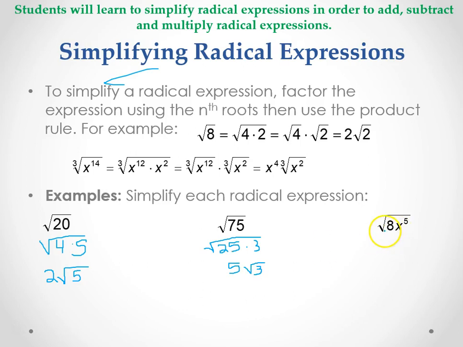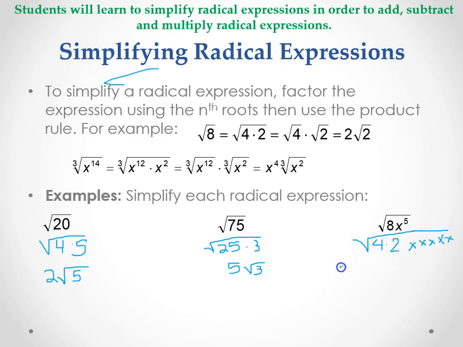Then we have the square root of 8x to the 5th. Well, for the square root of 8, the perfect square that goes in is 4, and 2. And then we have x to the 5th, which I've taken to just writing out 5 times, because that's what x to the 5th means. So what's the square root of 4?